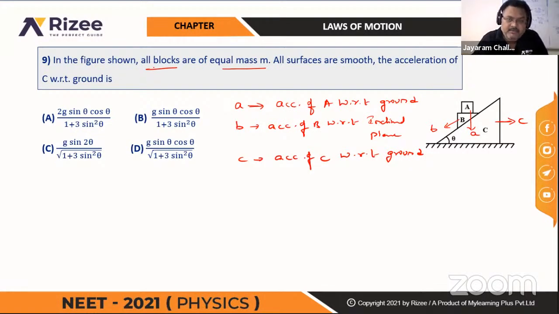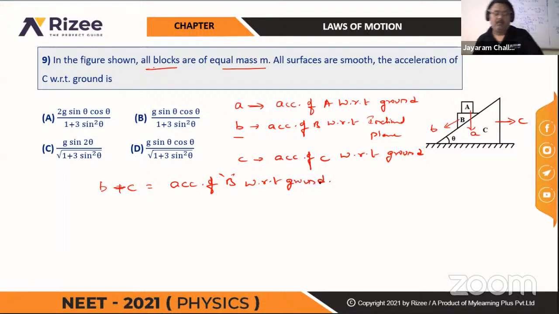So in this case, what will be happening here? We have to find out the resulting acceleration. Since we have taken B as an acceleration with respect to the inclined plane, B plus C should be equal to the acceleration of B with respect to ground. So these are the terms that we initially defined here.